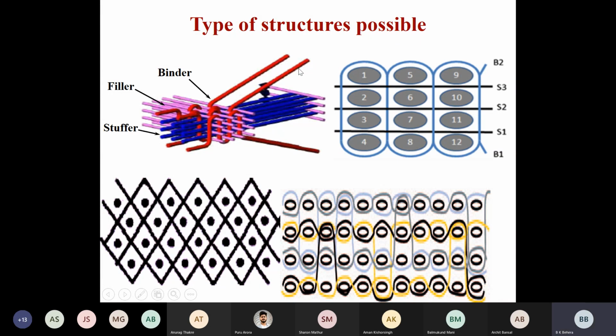This is binder warp, maroon color. Blue color is stopper warp. I have already explained what is stopper warp, what is binder warp, and what is weft. So it is 2 warp, 1 weft, and this weft is conventional weft as in our other conventional 2D weaving. It goes horizontally. There is a shade, horizontal shade.